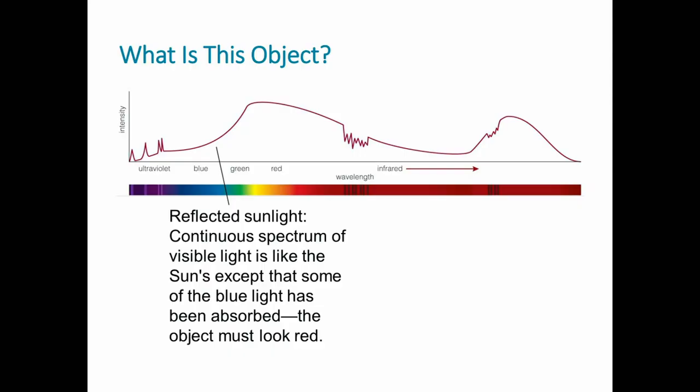So this continuous spectrum in the visible wavelength light is reflected sunlight. However, not all of the light got reflected, only the more red colors got reflected. And so this object, if you look at it with your naked eye, is going to appear red.